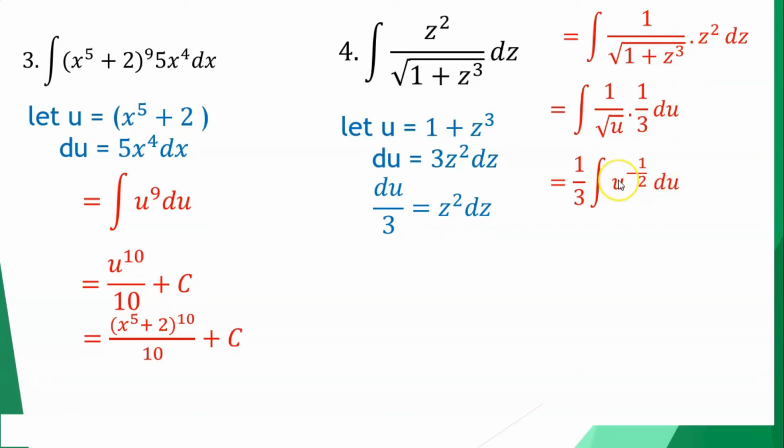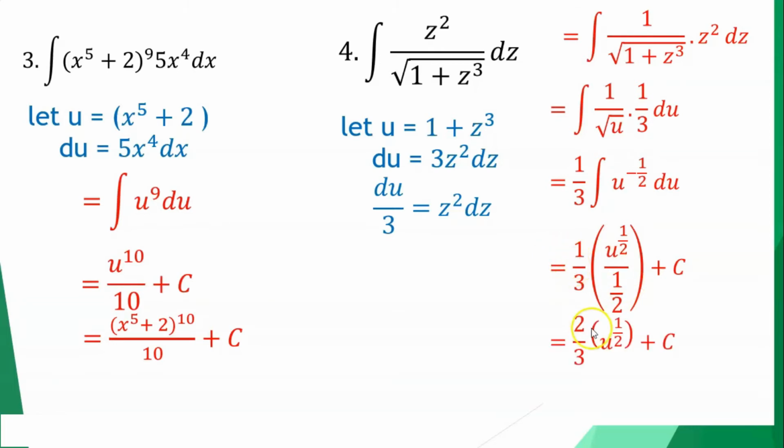So by integration, negative 1/2 plus 1 would become 1/2, over 1/2, plus c. Or getting the reciprocal, the inverse of 1/2 is 2. So this would become 2/3 u to the power of 1/2 plus c. Replacing u with 1 plus z cubed, the final answer here would be 2 over 3 quantity 1 plus z cubed to the power of 1/2 plus c.